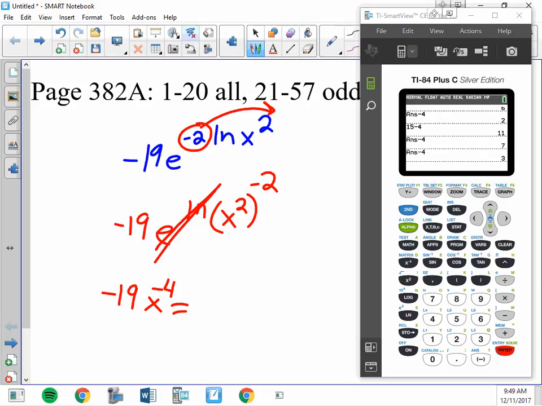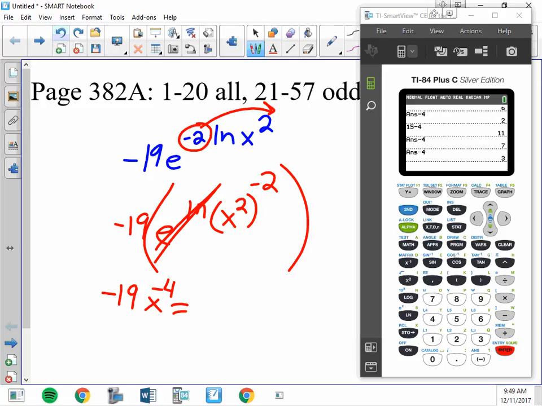Sorry, where did you get confused? No, because if that 19 wasn't there, wouldn't the answer just be x to the negative 4? So with that 19 there, this stuff is x to the negative 4, and then it's just negative 19 times. Right.